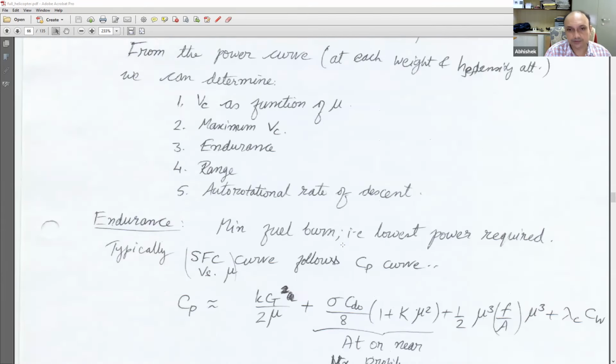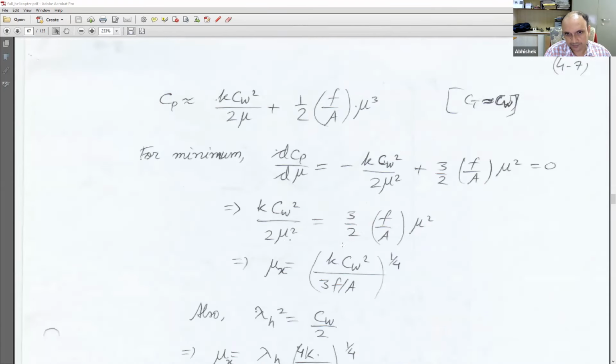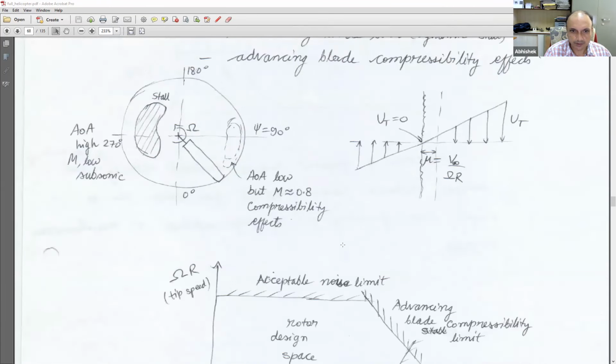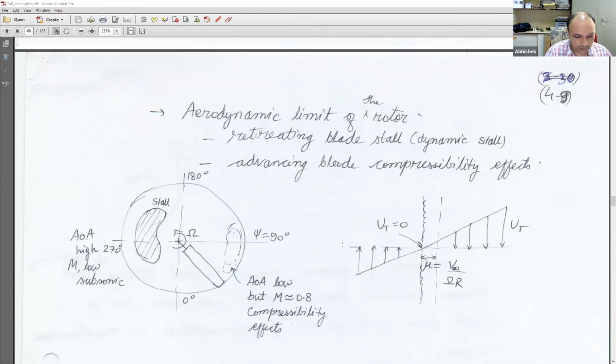Various parameters which affect helicopter design, or what are the parameters which create some form of aerodynamic limit for a helicopter.